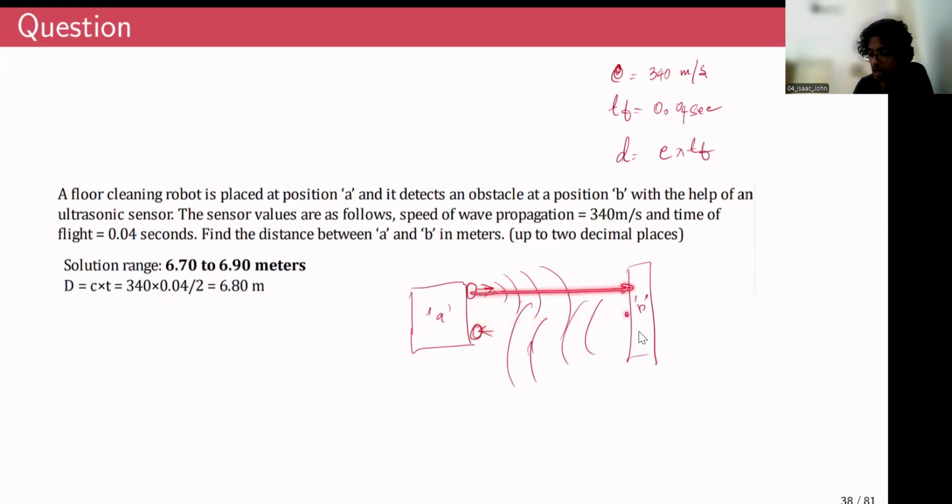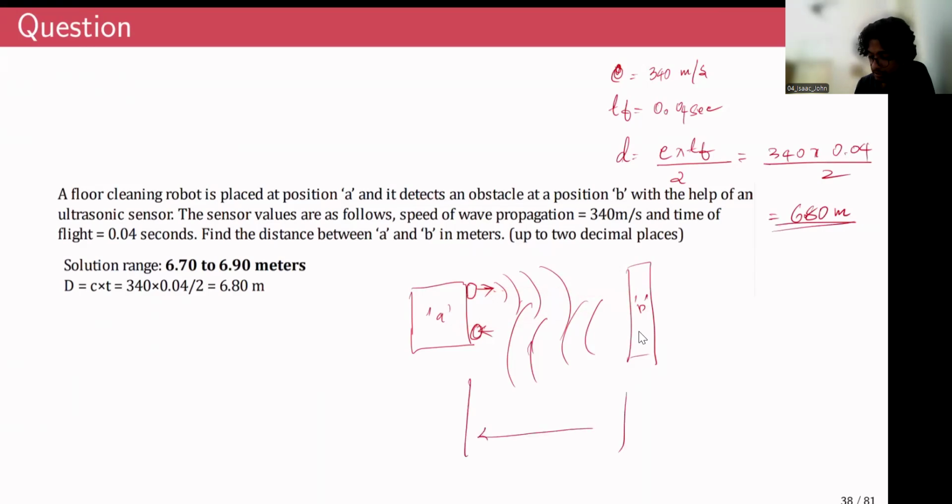We only want half of the distance covered in the time of flight, because we only want the one-way distance, but time of flight essentially covers the distance from A to B and then B to A. So the actual distance between A and B is C multiplied by TF divided by 2. That's 340 multiplied by 0.04 divided by 2, which turns out to be 6.80 meters. So the distance between A and B is 6.80 meters.